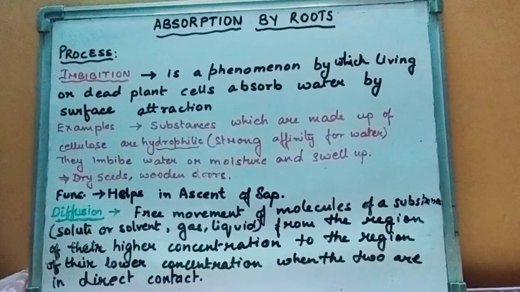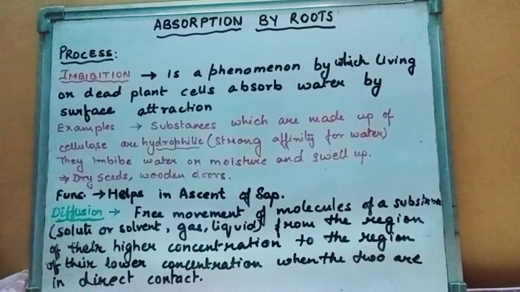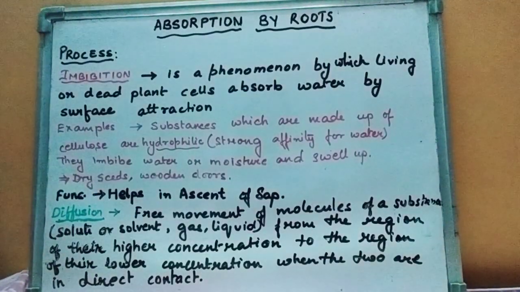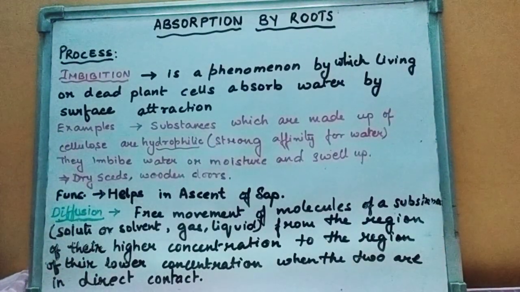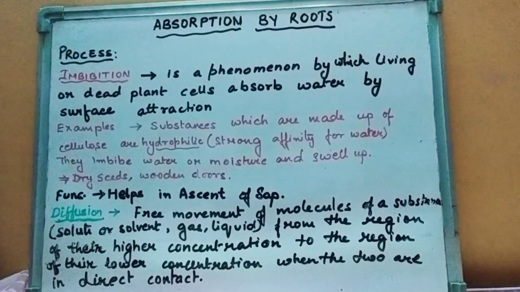Remember, imbibition is a phenomenon by surface attraction, and it takes place either in dead plant cells or living cells, whereas diffusion takes place in all the three states of matter, that is solid, liquid and gaseous state, always moving from the region of higher concentration to the region of lower concentration when the two are in direct contact.